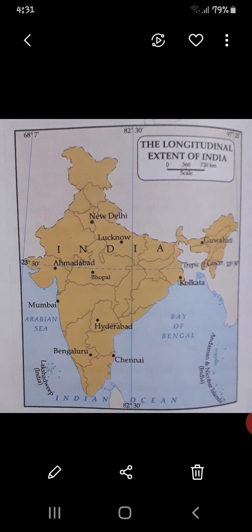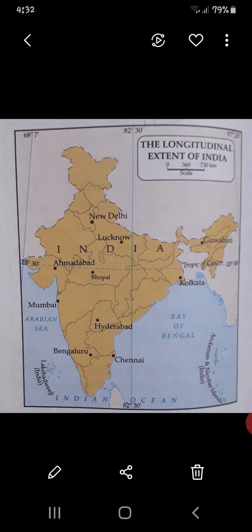It does not go only from one local area, it goes from one end of the country to the other. So if we follow different timings, it will be a great confusion. So to avoid this confusion, most countries follow a standard time.